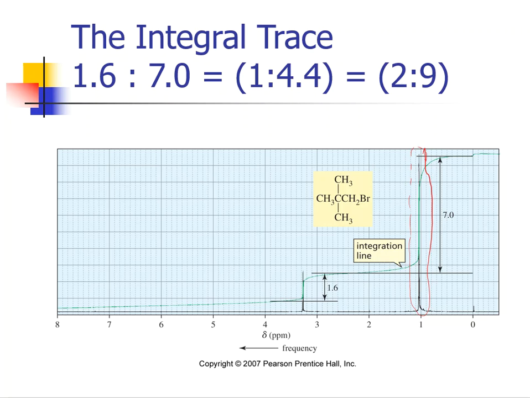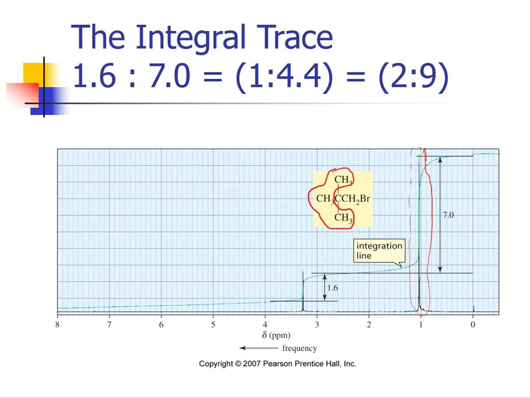The most shielded are the ones that are the furthest away from that bromine in the molecule, and they all are equivalent. Look at here. All 3 of those are the same. Ding dong! And I've got 3 from this one, and 3 from that one, and 3 from this one.